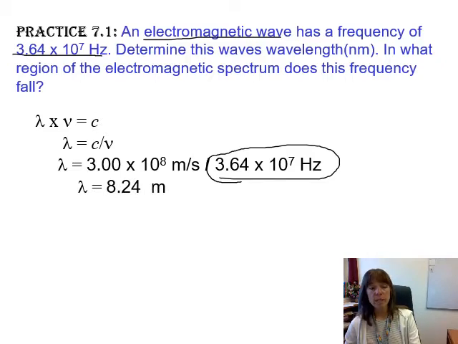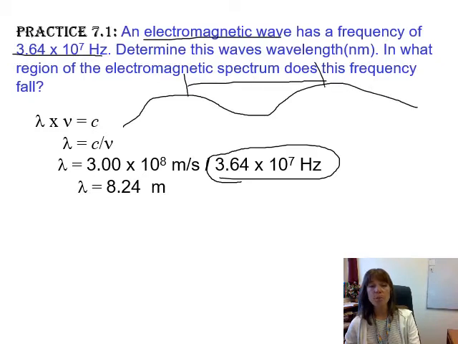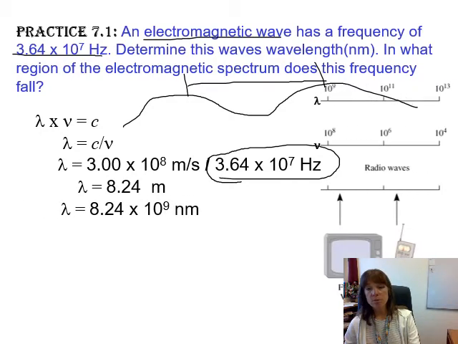Now that's really, really long when you think of it, because here you have something like 8.24 meters from wave peak to peak or trough to trough. And the next question is, in what region of the electromagnetic spectrum does that fall? Well, you would go back to that picture, a little snippet of which is over here, and that falls in radio waves.